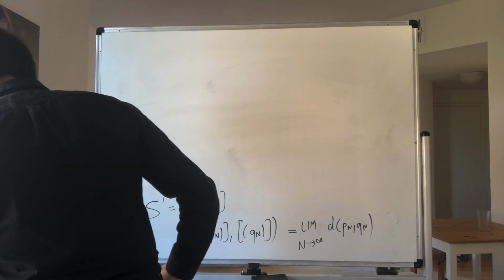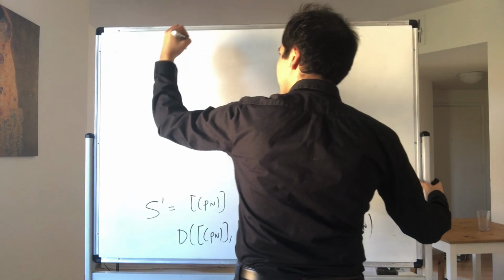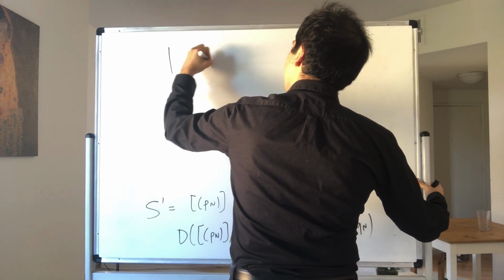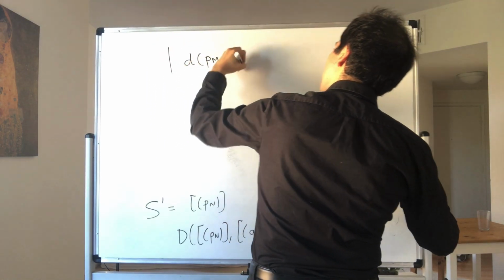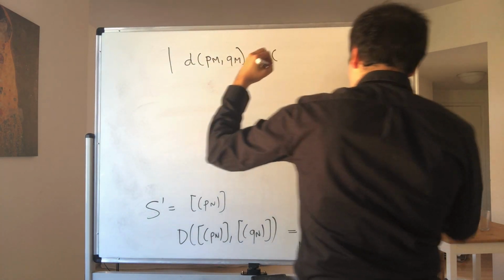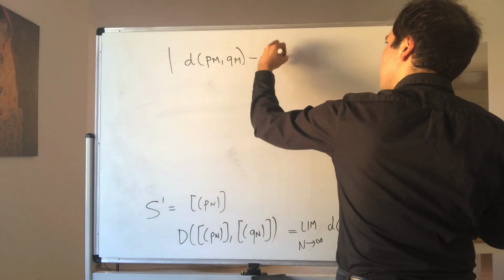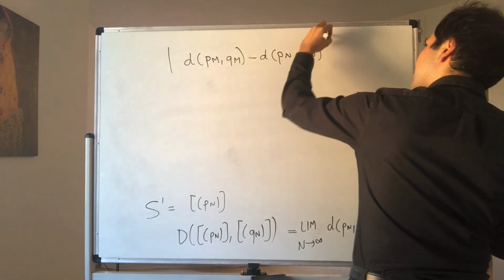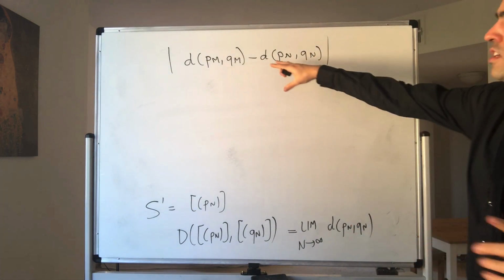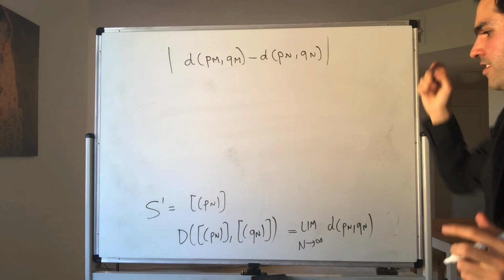Yes. All right. Then, what do we get? So d(Pm, Qm) minus d(Pn, Qn). What we want to show is that this is eventually small.